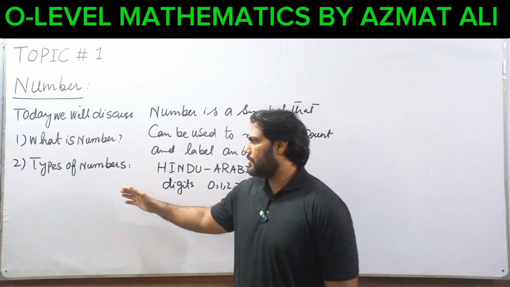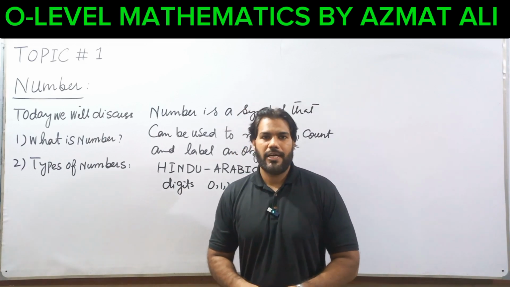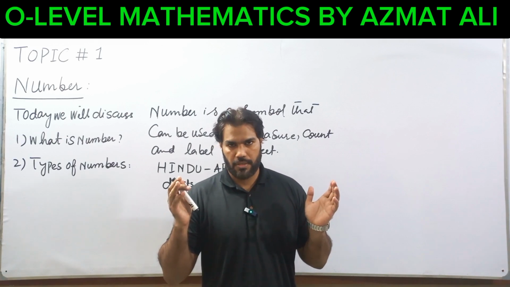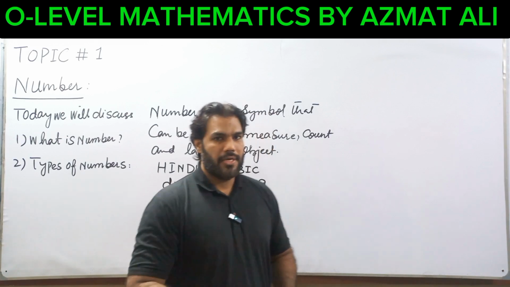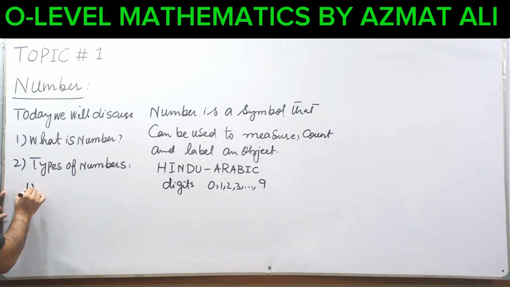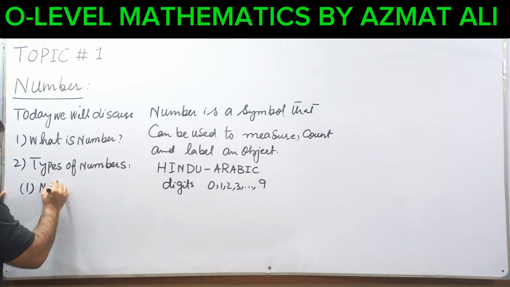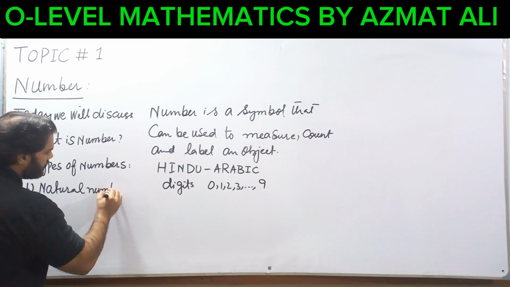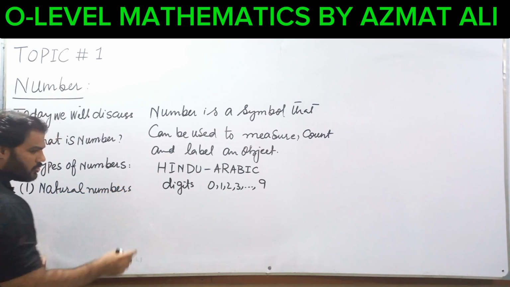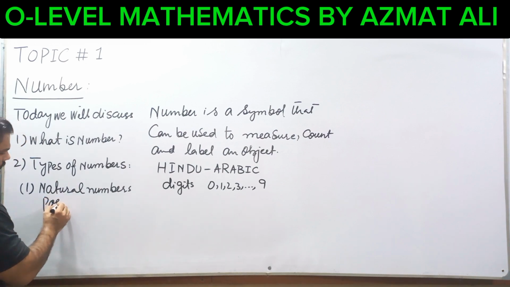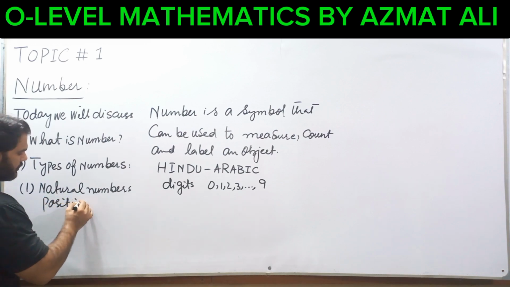Next we move to types of numbers. In types of numbers we discuss the different types of numbers. The first type is natural numbers. Natural numbers are also called positive integers.